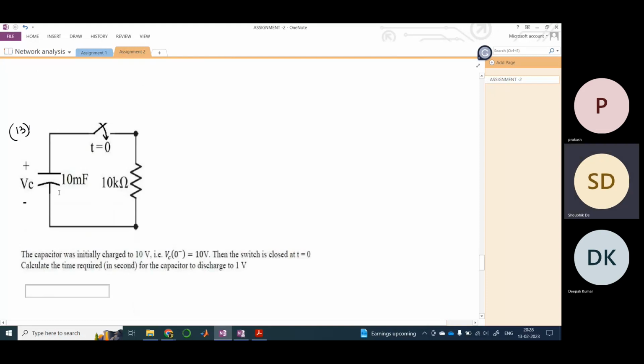Now this is a capacitor, and it is told that the capacitor was initially charged to 10 volts. So Vc0 minus is 10 volts. It is very important to note this. Now I'll explain why they are writing this minus sign here.